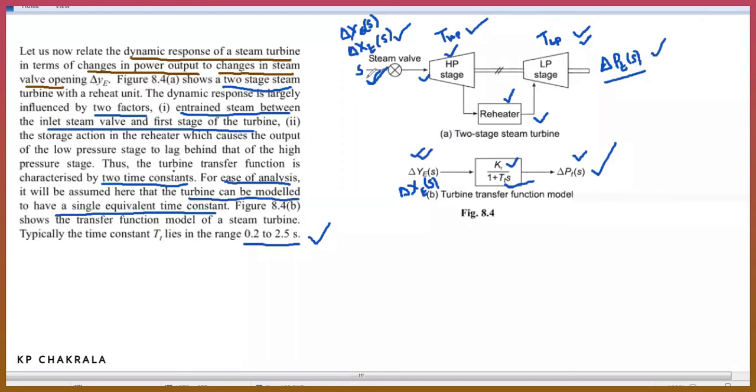After the adjustment in the valve setting, the effect will be imposed on the output after approximately 0.2 to 2.5 seconds. It is a process time between these stages.